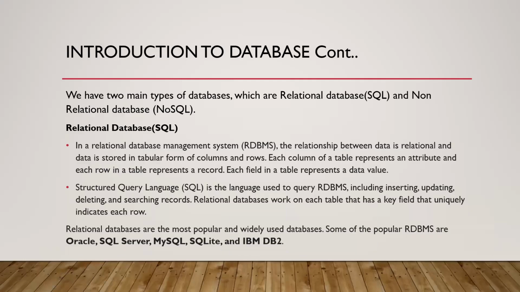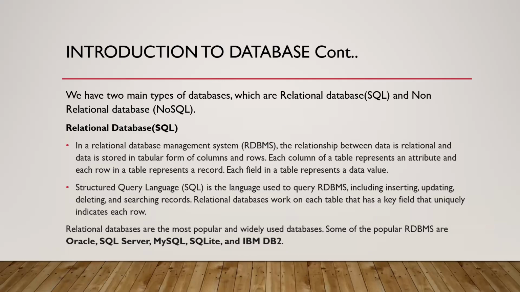Okay. We continue with the introduction of the database. We have two main types of database, which are relational database, sometimes called SQL database, and non-relational database, which is also referred to as NoSQL database.